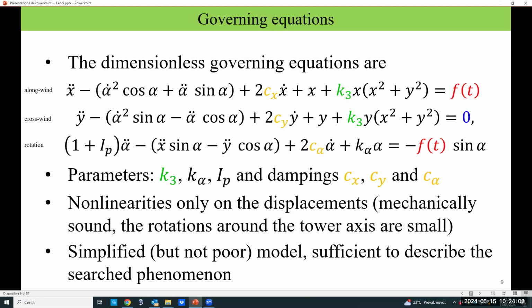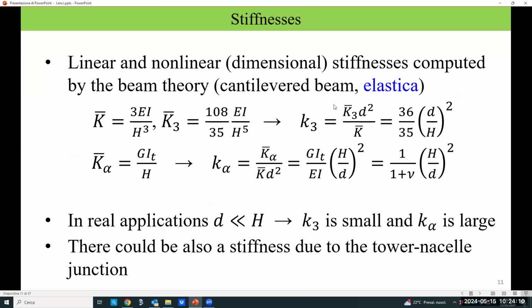So, how to compute these nonlinear coefficients? You saw the linear one has been set to 1 just because of the nondimensionalization by the elastica. The elastica is a very well-known, simple model for beams.